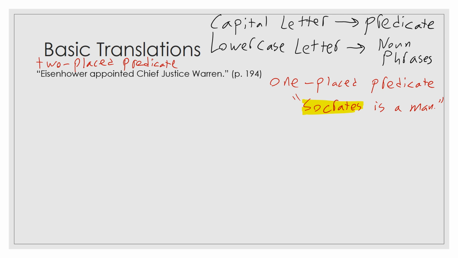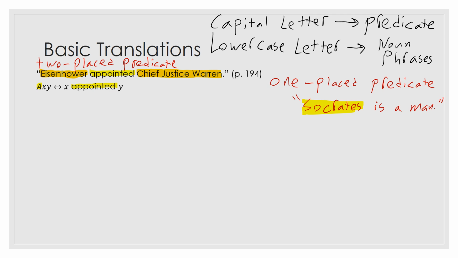We have Eisenhower appointed Chief Justice Warren. We have Eisenhower, who is the subject, but we also have Chief Justice Warren as a noun phrase or a term. So there's really two noun phrases where appointed is our predicate. In general, we might think of it this way. x appointed y, where appointed is our predicate, and we have to have a capital letter for that.